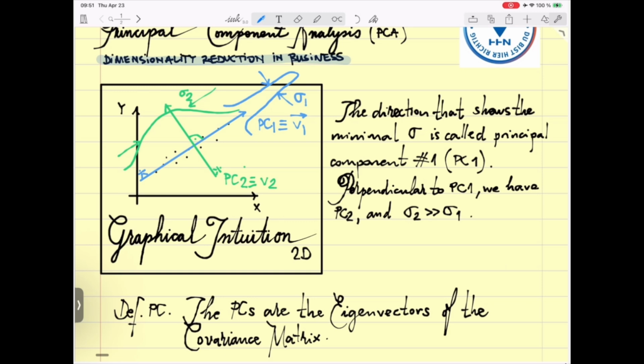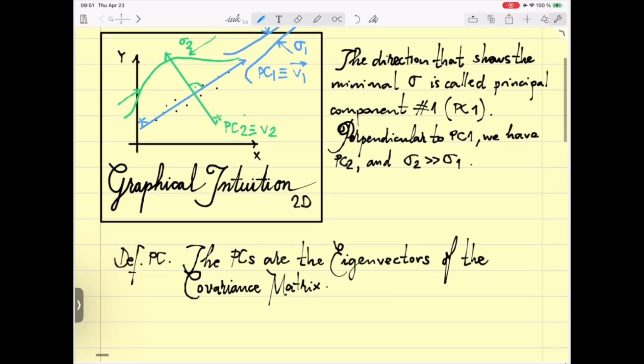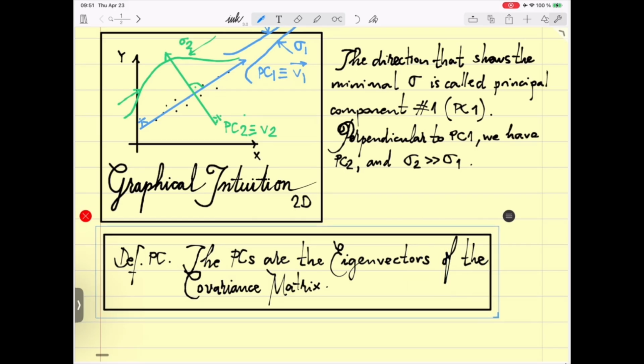Okay. So this is the statistical definition that we use for the principal components.